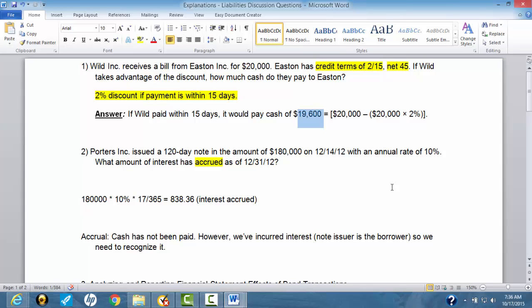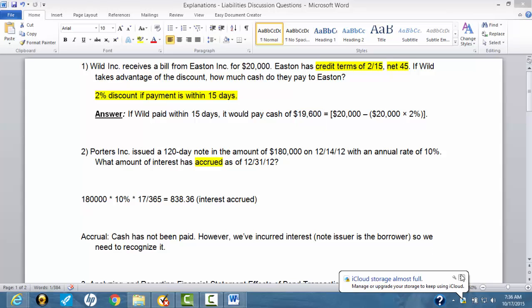Now, Porters issued a 120-day note in the amount of 180,000 on December 14, 2012, with an annual rate of 10%. What amount of interest has accrued as of December 31, 2012? Now let's recall our discussion on accrual accounting, where we accrue or recognize expenses, not necessarily when cash is paid, but as long as the expense has been incurred.